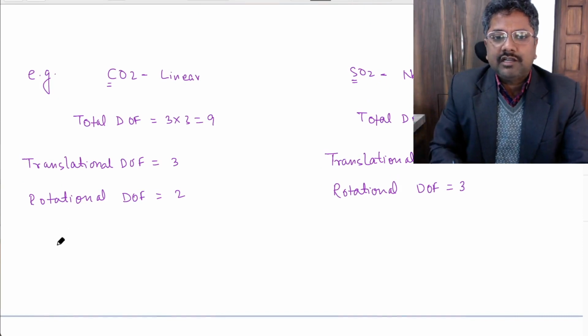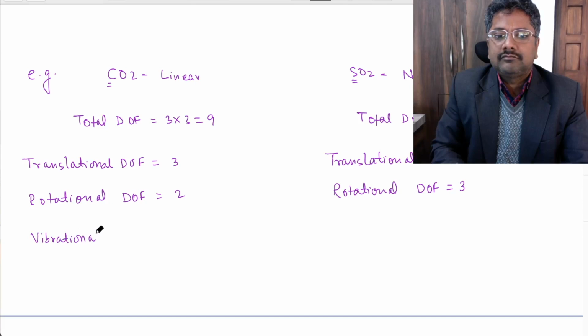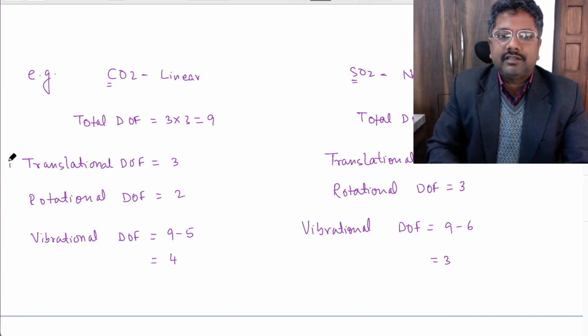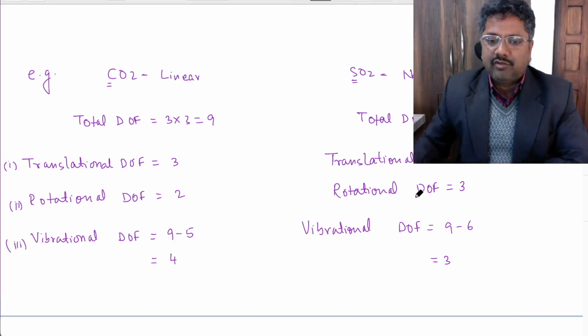So vibrational degree of freedom is equal to 9 minus 5 is equal to 4, and here vibrational degree of freedom is equal to 9 minus 6 is equal to 3. So in this way you can calculate translational, rotational and vibrational degree of freedom for different molecules, right?